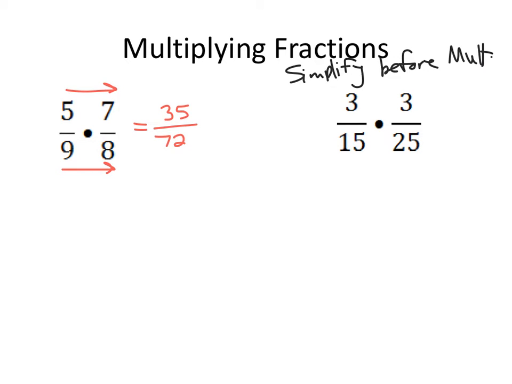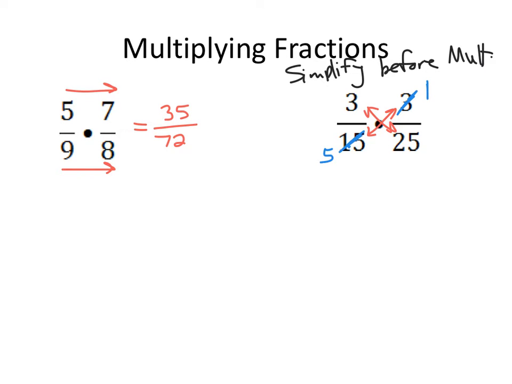And so the idea here is that we could look on the diagonals. And so if I look on the first diagonal, we have 3 and 15, and we have 3 and 25. So what I could say here is that 3 goes into 15. There's a common factor there of 3. So I would say, okay, 3 goes into 3 one time, and 3 goes into 15 5 times.